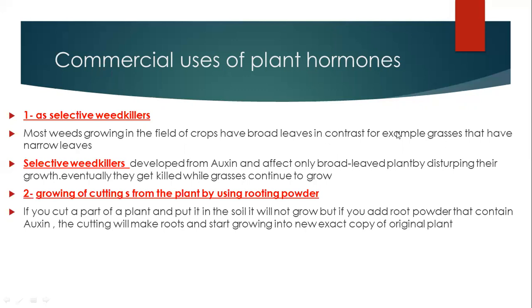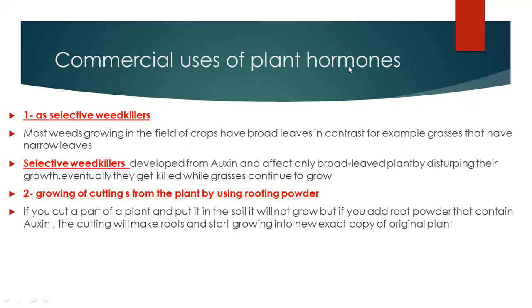So they found that if we make a selective weed killer from auxin, it will affect only the broadleaf plants by disturbing their growth and causing their death, and eventually they get killed, and the grass that has narrow leaves will continue to grow.